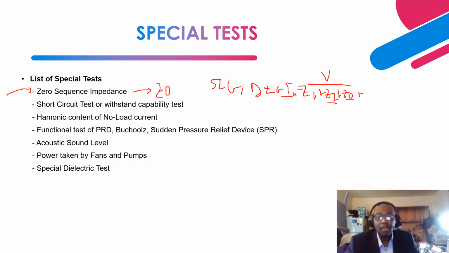And if you have a transformer where the Y side is grounded through a resistor, then that becomes the 3ZN. So this becomes the grounding impedance that is in the path of the Y side of the transformer.